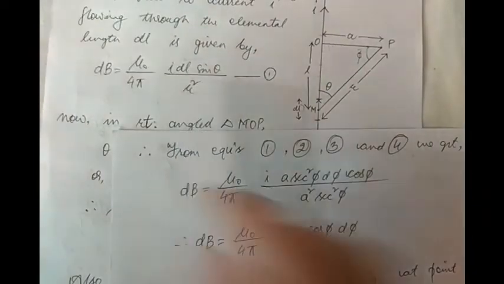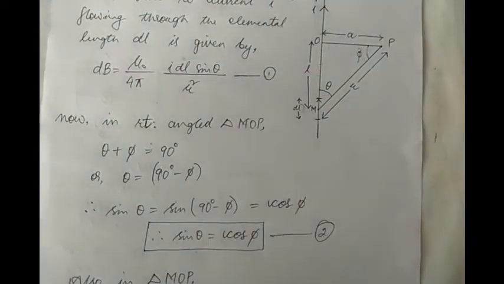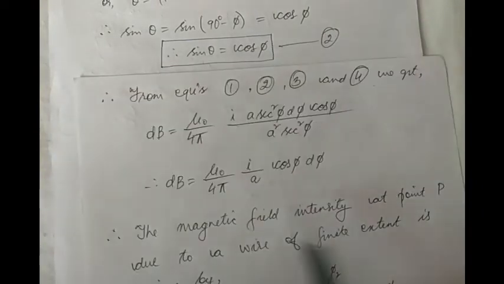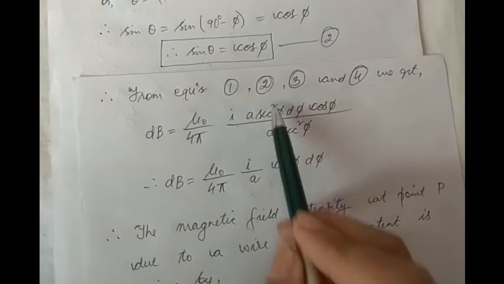Let me show you that equation number 1. Equation number 1 is this. So first of all, mu naught by 4 pi, I is I. Now dl, what was dl? dl was A sec squared phi d phi. So that is exactly what I've done. So mu naught by 4 pi I A sec squared phi d phi.